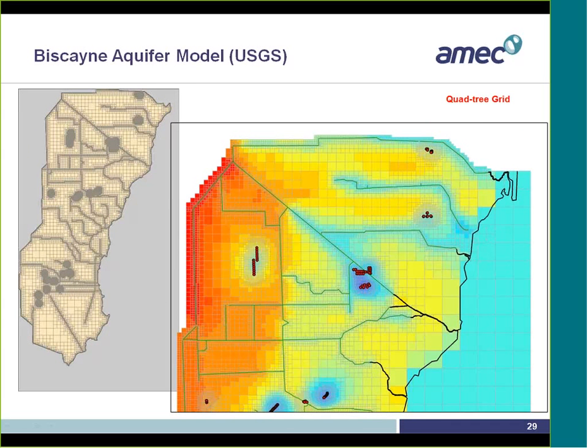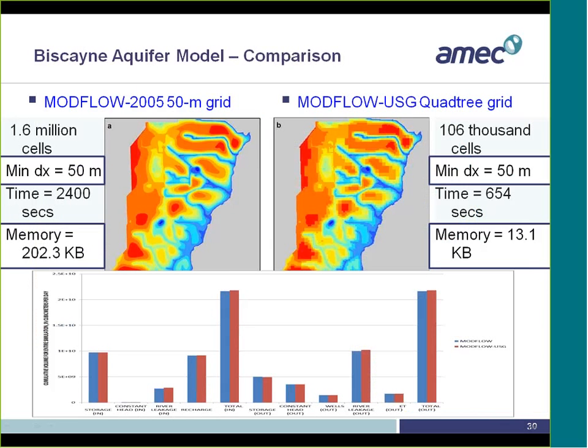Then the USGS has applied it to the Biscayne Bay model, and what they've used here is the quad tree grid. As you can see, this quad tree refinement was used around wells as well as along the canal features to refine the grid, and they had a MODFLOW 2005 model on a standard 50-meter grid, which they used for comparison.